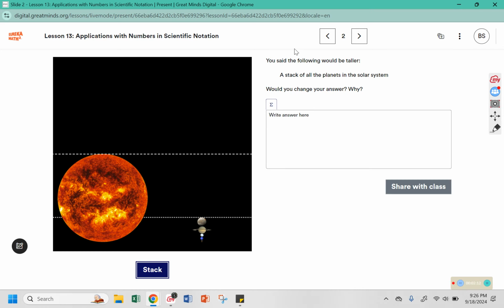So, I said the following would be taller: a stack of all the planets in the solar system. Would you change your answer? Yes, I would change my answer, because the sun is larger than the entire stack on its own.